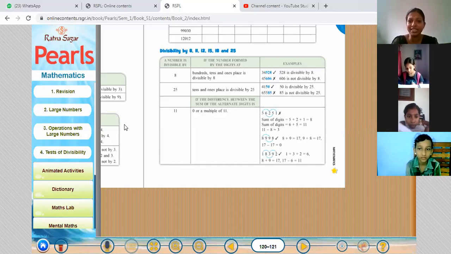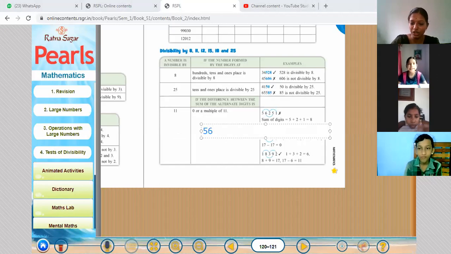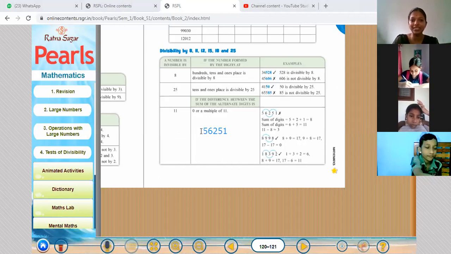Do you know what an alternate digit is? For example, here is a number given for you: 56,251. Look at this number. Which are the alternate digits in this number?